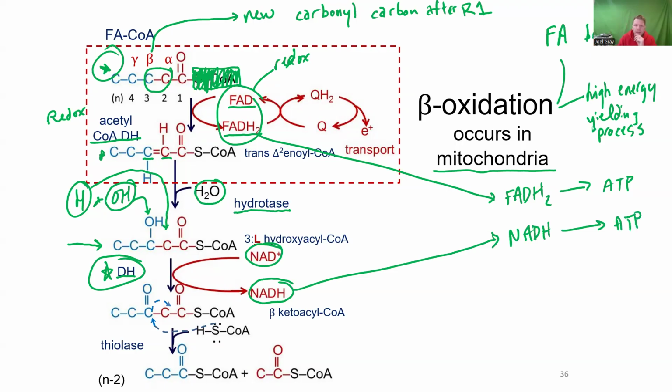Okay, so in these first 3 steps, we've done a redox reaction where we can insert a double bond. Then we disrupt that double bond by adding water across that double bond. The hydratase does that. Then we've got this dehydrogenase where we generate some NADH.